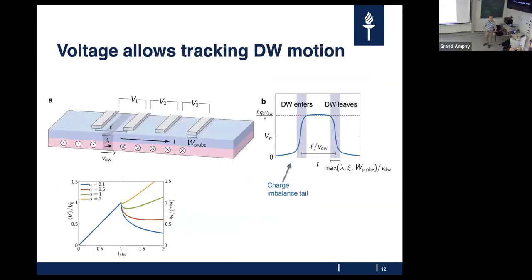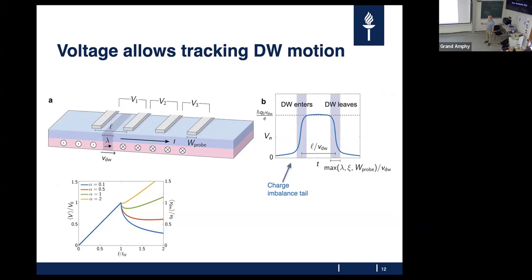This is of course a way to measure that the domain wall is moving, and actually you can do it locally. You can imagine putting voltage probes along this wire, and then just measuring the voltage between adjacent probes. And at some point you see that, okay, now there is voltage, and then now there is no voltage once the domain wall has passed. The size of the voltage is basically just given by this Q0 times the domain wall speed.